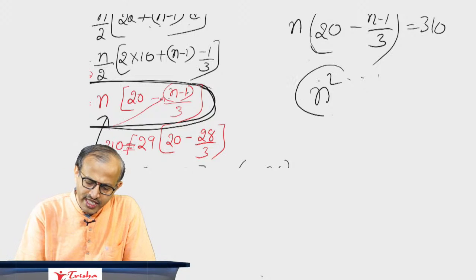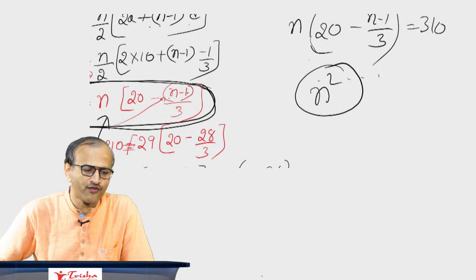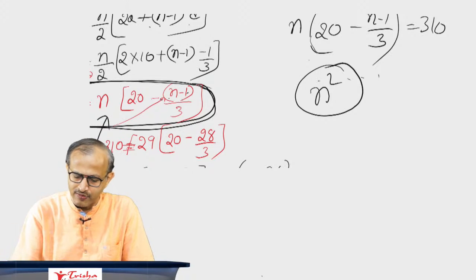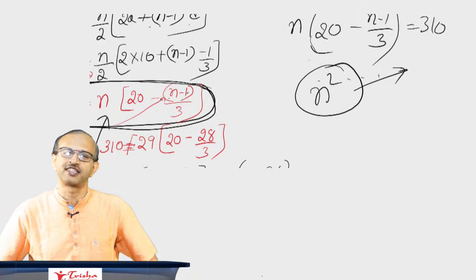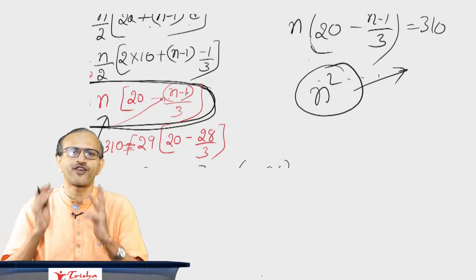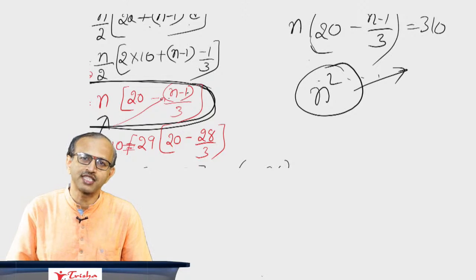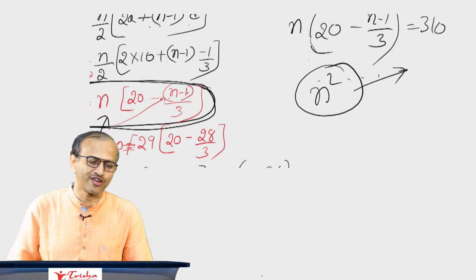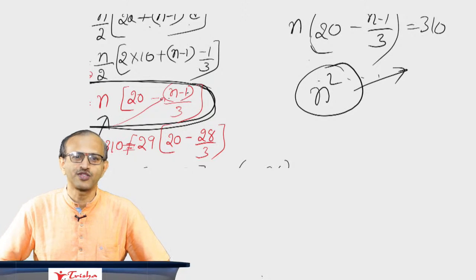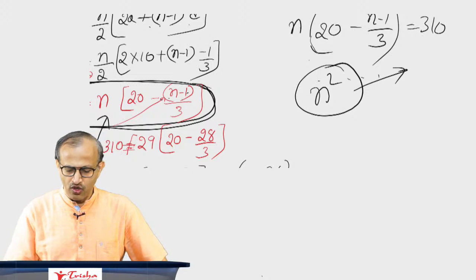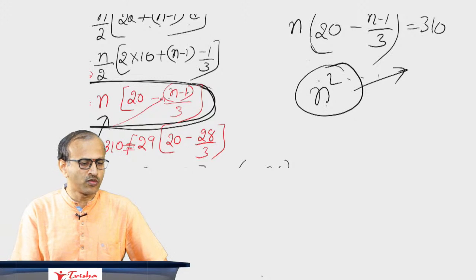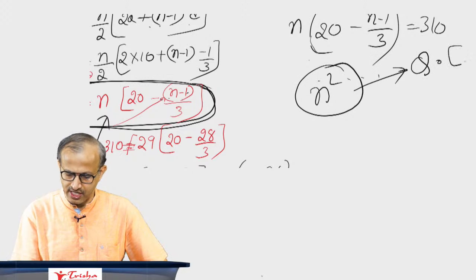Tell me, the moment power of the unknown is square, what kind of equation does it become? Most of your learning is from 5th standard to 10th standard. Whether all of you had maths in your 5th to 10th? Everyone should have. So the moment it becomes n square, it is a quadratic equation.